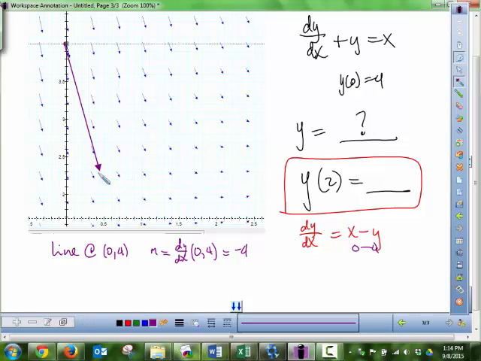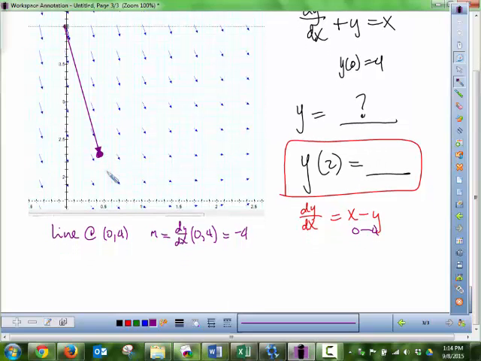So what if now I'm interested in this point right here? So I know that's 0.5. What's my y equal to here? Oh, I didn't write down the line. Let me write down the line.